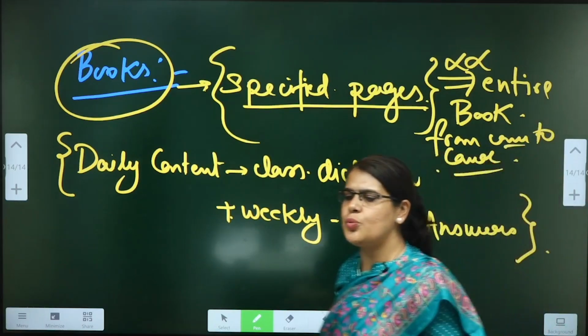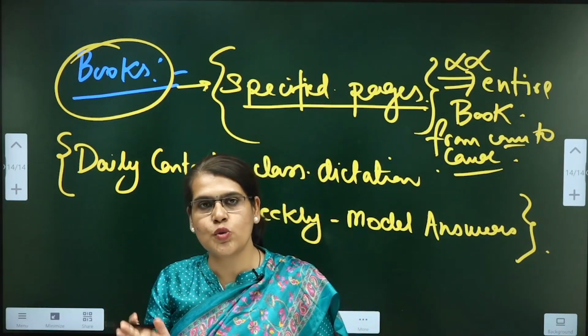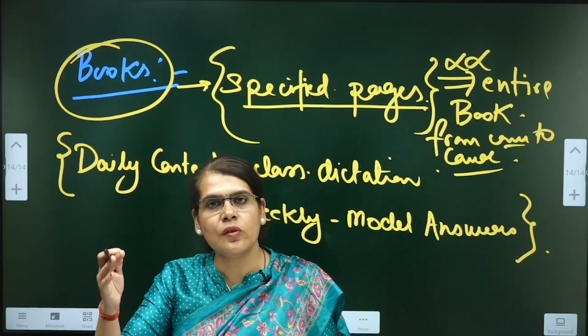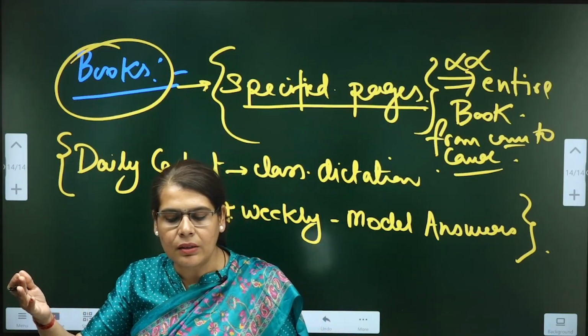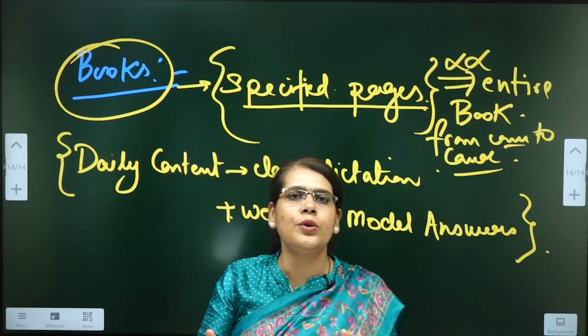There is no such book in my knowledge for Geography Optional which is to be read cover to cover. Yes, although there are certain books which you will be reading in a more detailed manner, whereas the other books you will be referring to sporadically.